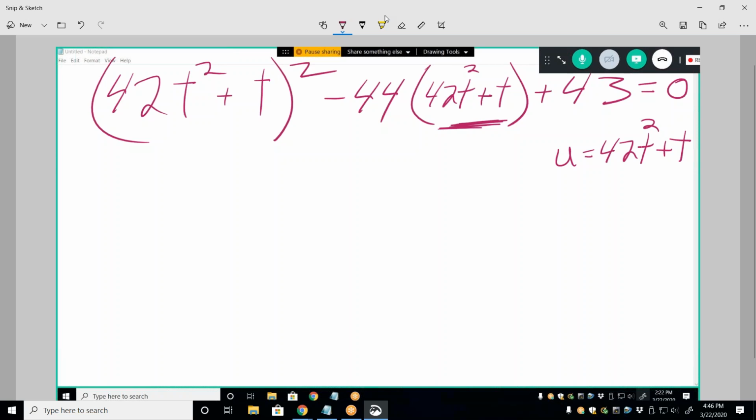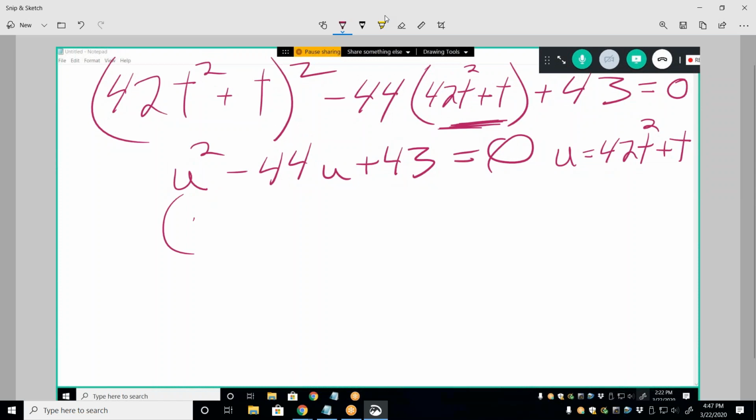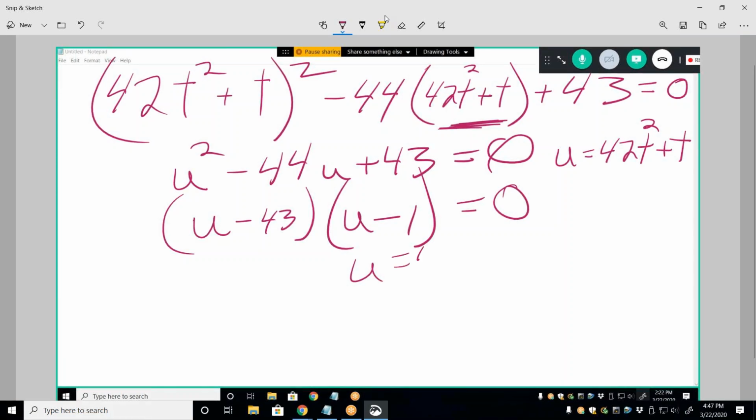So let's rewrite the whole thing as a quadratic in U. Easily factored. So U is equal to 43 or U is equal to 1.